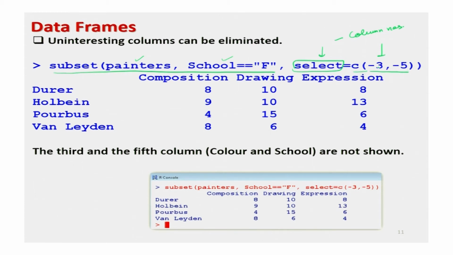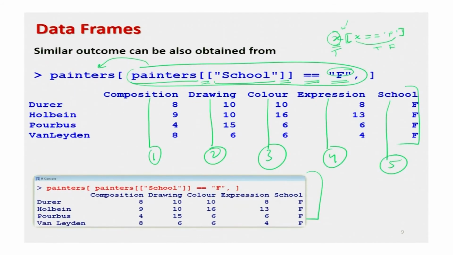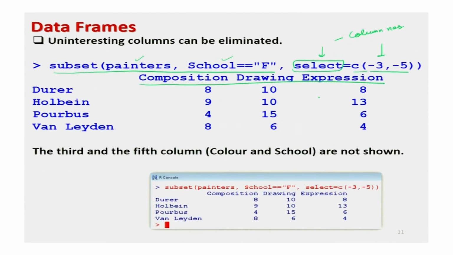So, what will happen in my outcome, this third and fifth column are going to be eliminated and you will get this type of outcome. So, you can see that earlier this 3 and 5 are going to be eliminated. So, you have only composition, drawing and expression, and this is the screenshot.